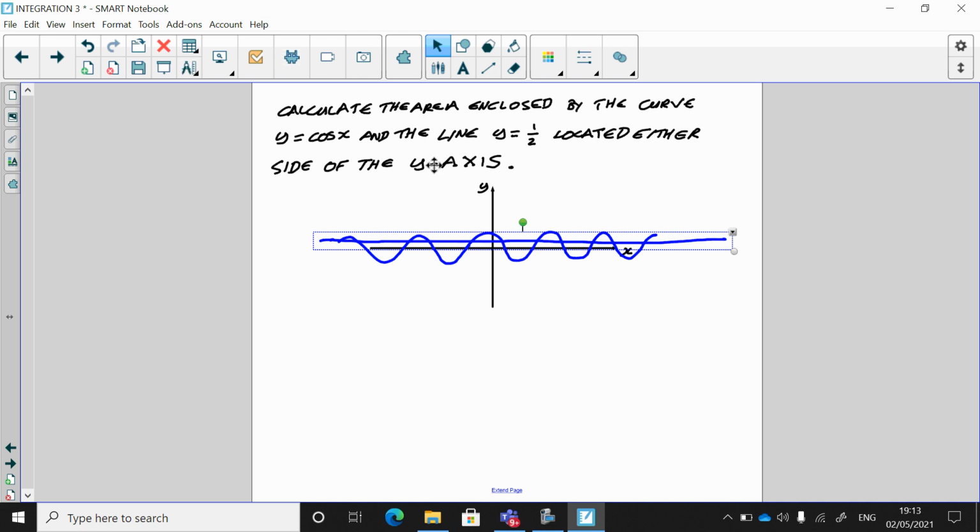So if they're saying that's a half, the area bounded would be that there. That's what they're trying to say.